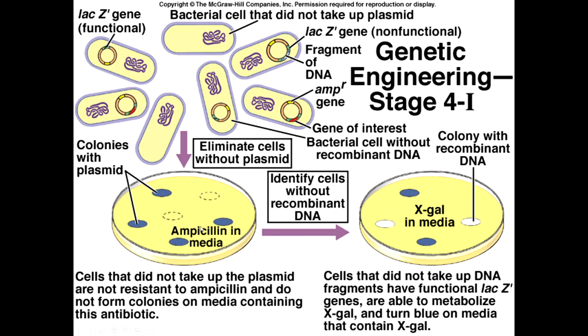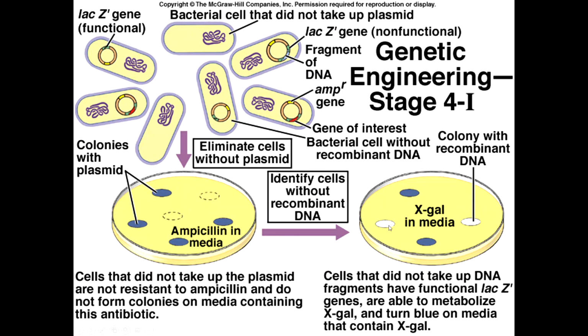By the way, what is a colony? When bacteria grow, they grow in these little clumps of all the same type called colonies. So these are the colonies then that were able to survive. What we did essentially is we killed off those that didn't have the resistant gene, and now we know all of these have a resistant gene, which means they also all have plasmids. So the next thing we want to do is identify the cells without recombinant DNA. And so we know the ones that have recombinant DNA have had their LAC-Z gene interrupted and cannot metabolize this media.